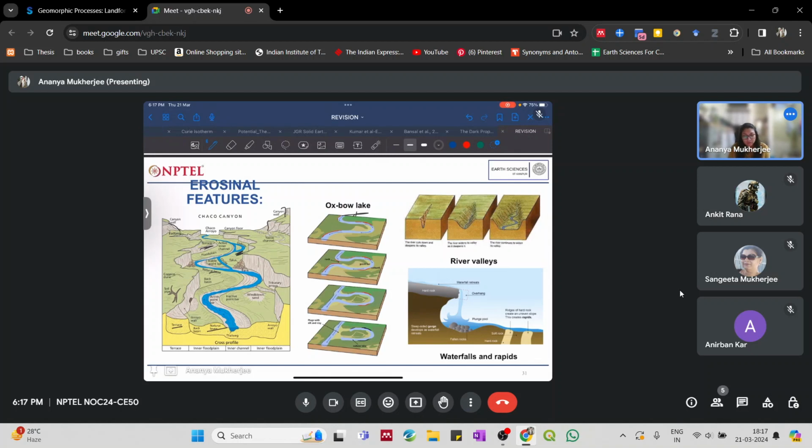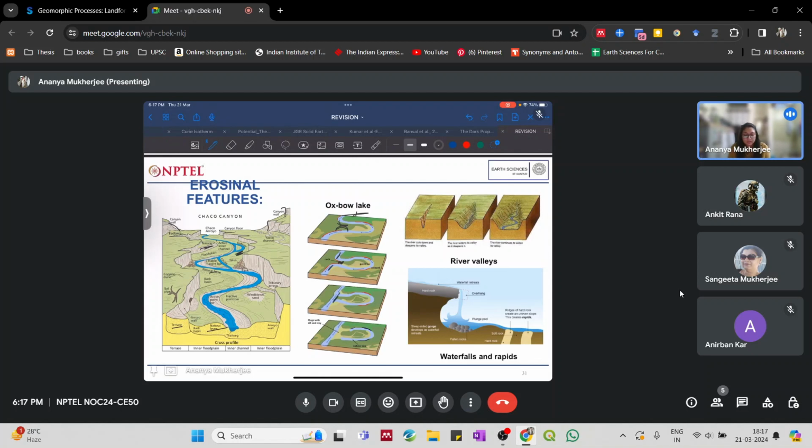So how an oxbow lake forms: this is a meander that is being formed. With time, this part keeps getting eroded. The outer banks of the rivers get eroded, and this patch of land is totally eroded away, and this segment of the stream and this segment of the stream join together.